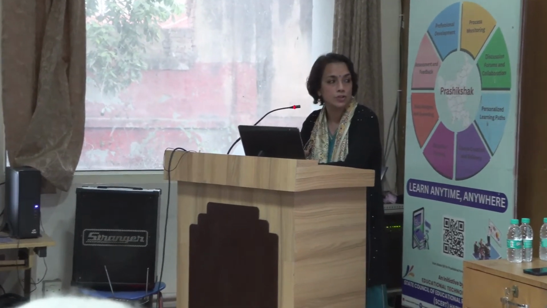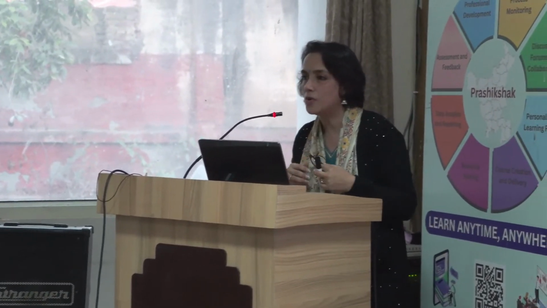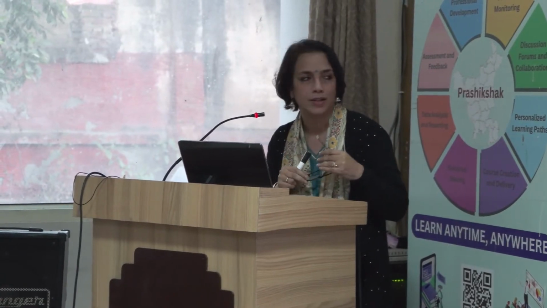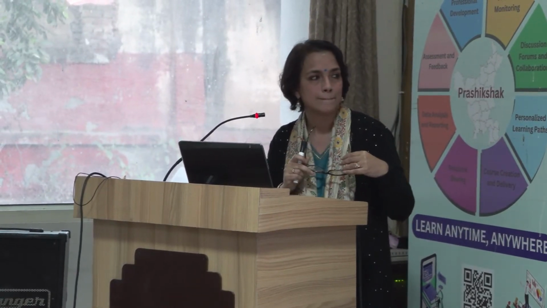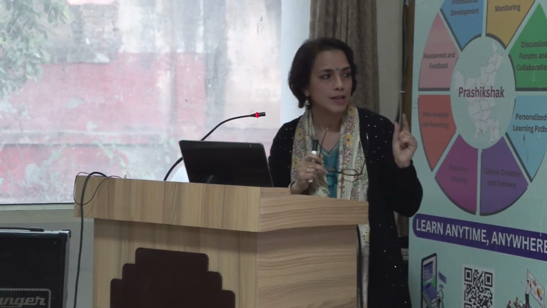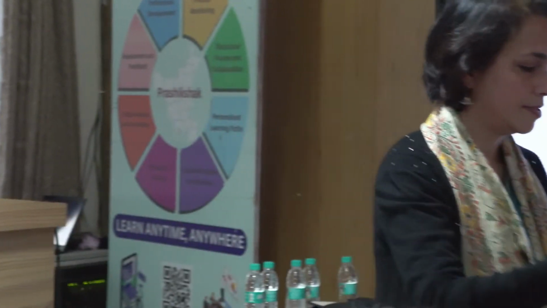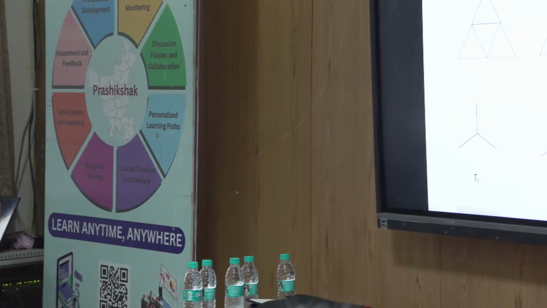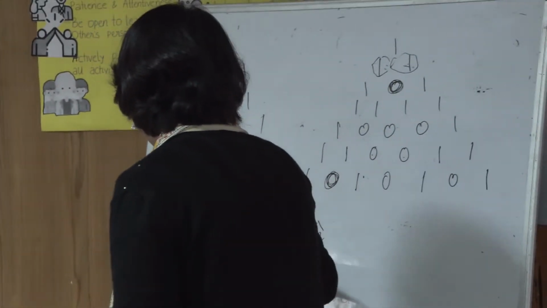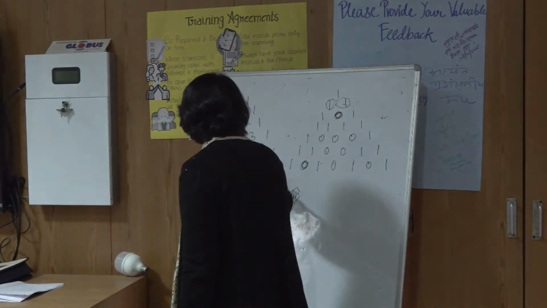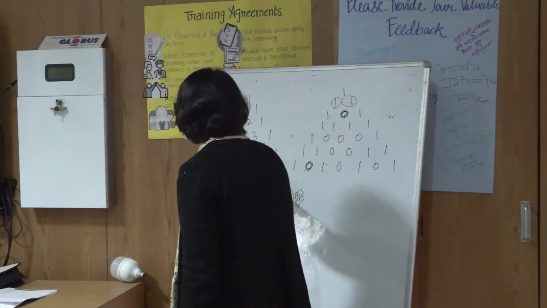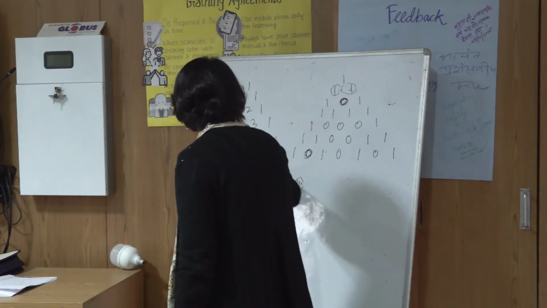Now this is stage 2. So what has happened in stage 2? What we have done is, I have three lines, and from these endpoints, I have raised three lines of half the length of this.